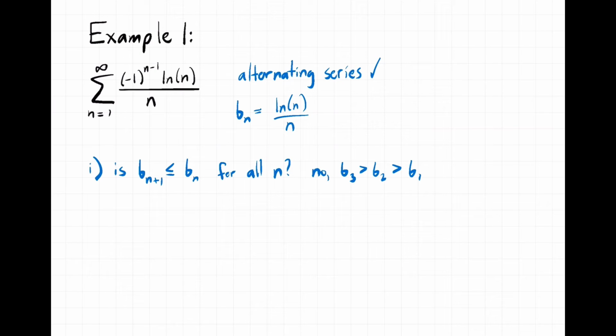So what about if we look at just all n greater than 3? This, it turns out, will be sufficient to make this work. As long as all n values greater than a certain point work, we're fine.